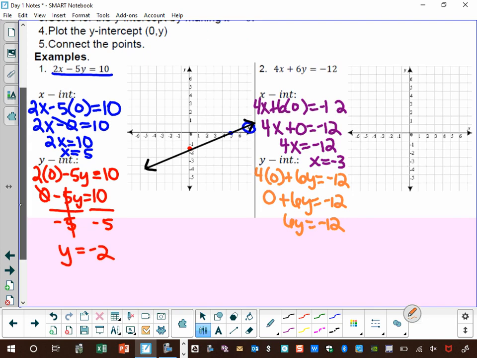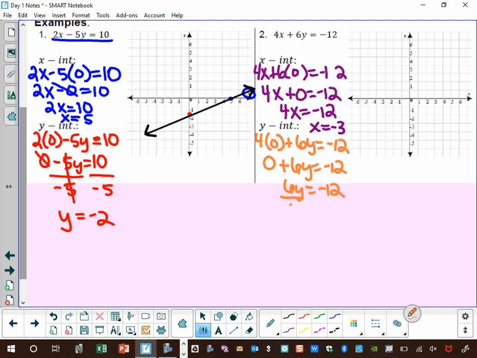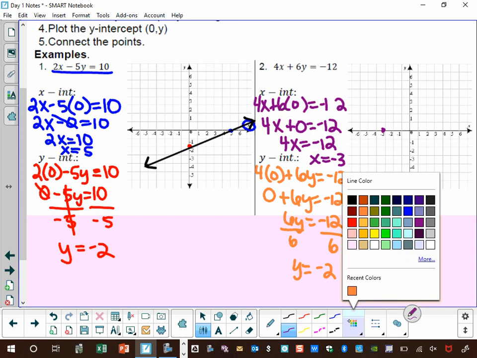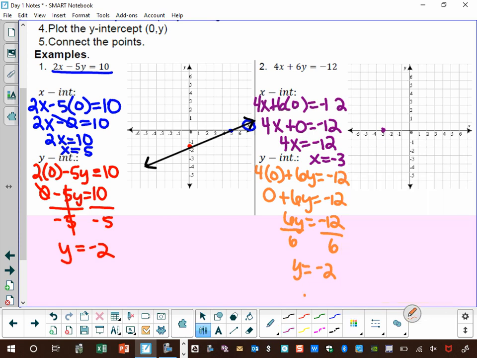Divide by what? You should get y is equal to negative 2. Let's go ahead and plot those points. My x value is going to be negative 3. My y value is negative 2. Then I'm going to sketch that line.